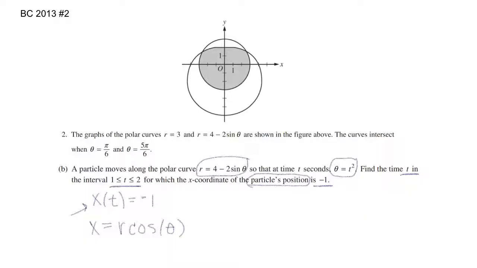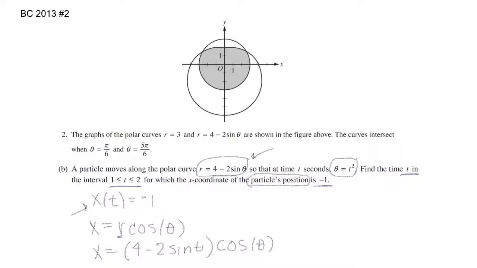That's going to let us transform from polar to rectangular. So x equals r, and I'm given r, it's sitting right there, 4 minus 2 sine theta, times cosine of theta.